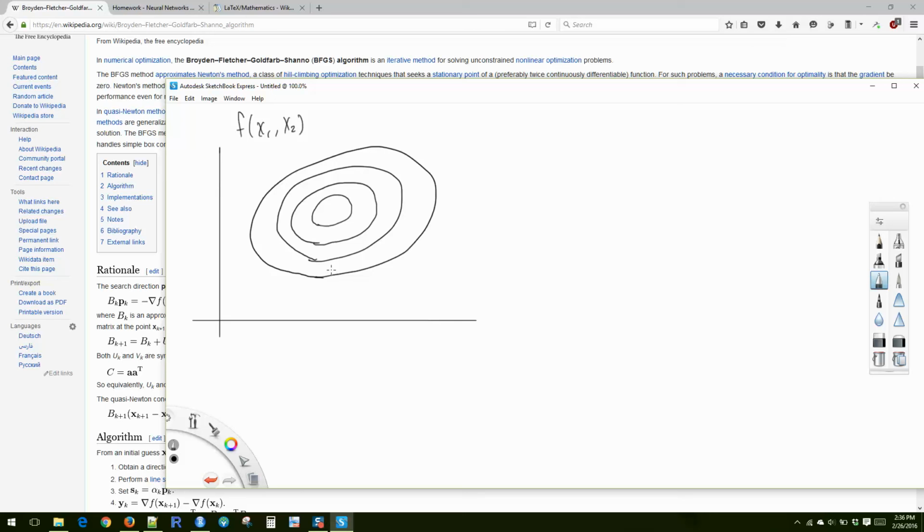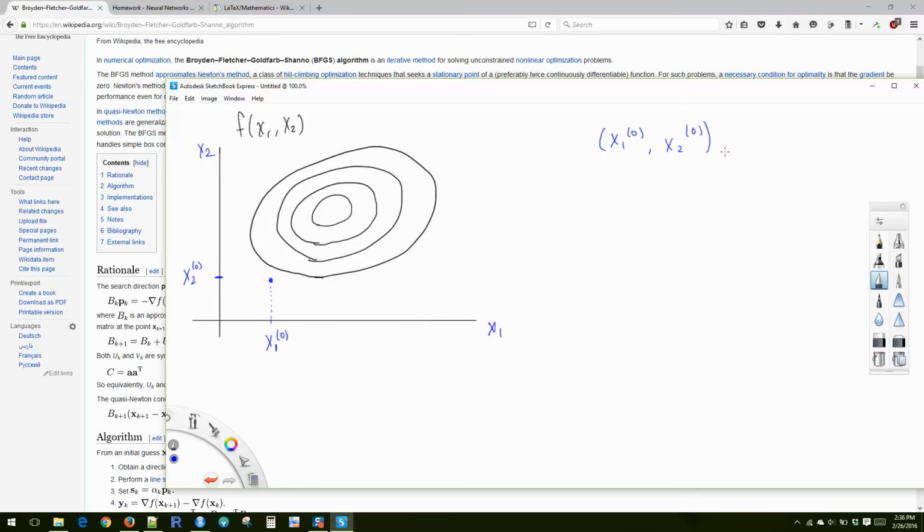Okay. So let's say we start off at some point. This will be our initial start point, and this is x1, and this is x2. So this point right here is x sub 1 at time 0, and this would be x sub 2 at time 0.